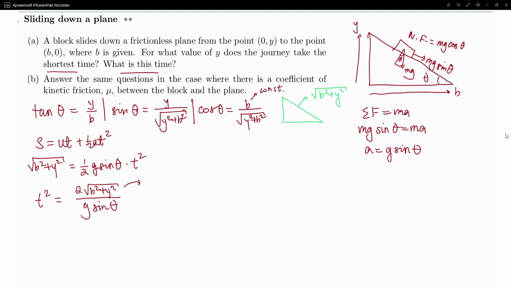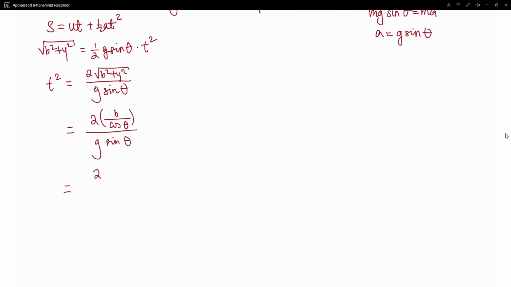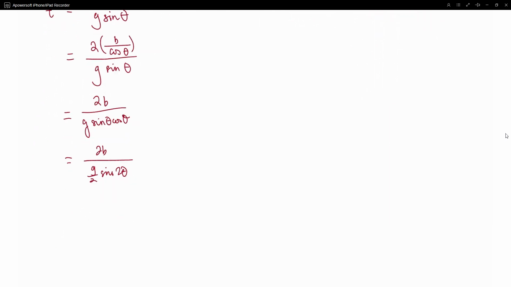So root b squared plus y squared is simply b over cosine theta, all over g sine theta. We can simplify this. It becomes 2b over g sine theta cosine theta, which is 2b over g times 1 over 2 sine 2 theta. Using trigonometric formulas, this gives us 4b over g sine 2 theta.